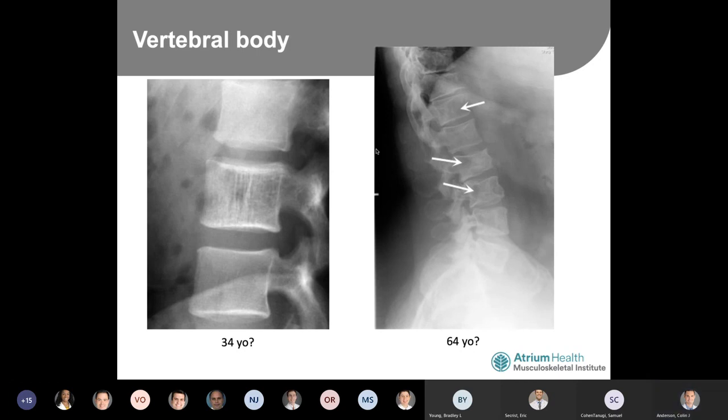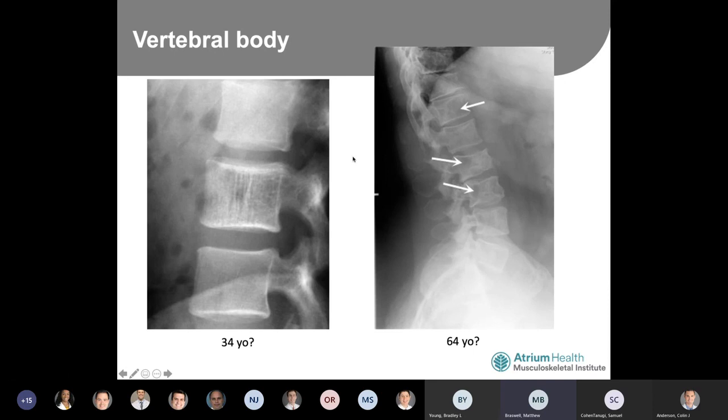Matt, do you want to try this one, Braswell? Sure, I can. So we have two different lateral X-rays. On the right side, on the 64-year-old, it's the lumbar spine lateral, and there are multiple compression fractures.